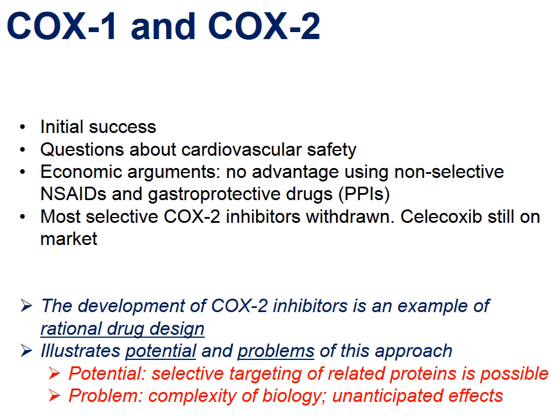So when the first selective COX-2 inhibitor came onto the market in the US, they were really successful. They became the fastest selling drug in history.